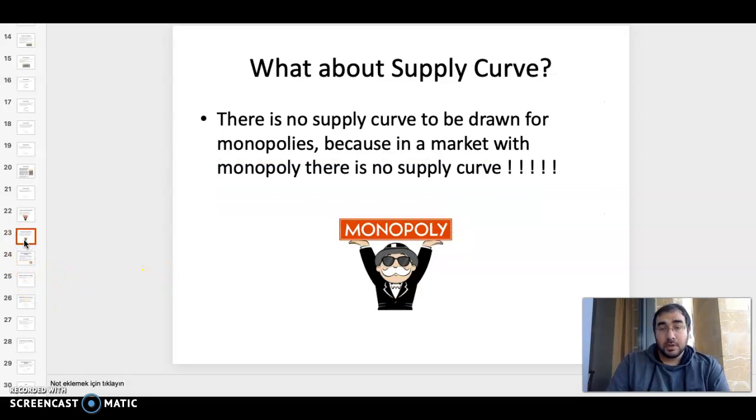So let's continue. You might have noticed that, unlike the perfect competition case, in the monopoly case we don't find the supply curve. Why is that? Supply curves are designed assuming that producers decide the output they produce for each price level independent of the buyers or consumers.